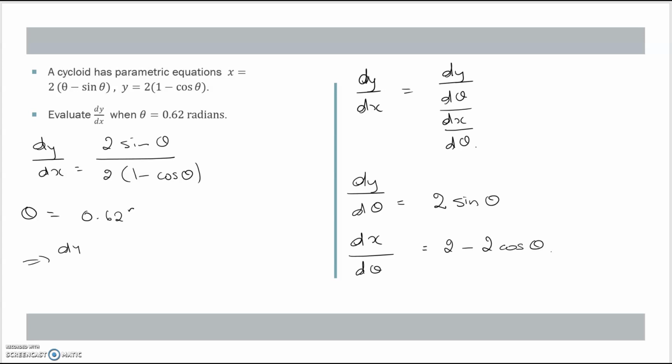So dy by dx rather is going to be 2 sine 0.62 divided by 2 times 1 minus cos 0.62, and that's approximately 3.